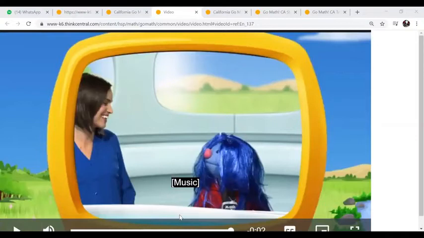Let's see. Building a rectangular prism. You see, it's rectangular. You look at this face. It's a rectangular shape, so the shape is a rectangular prism.